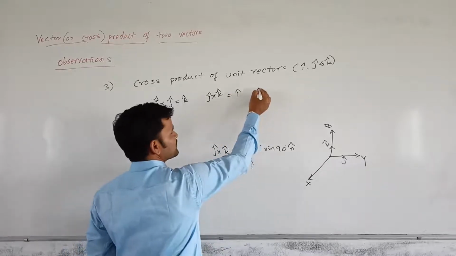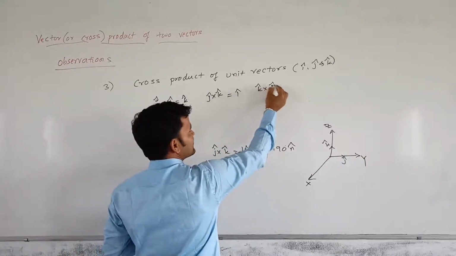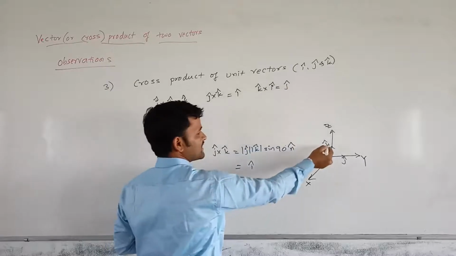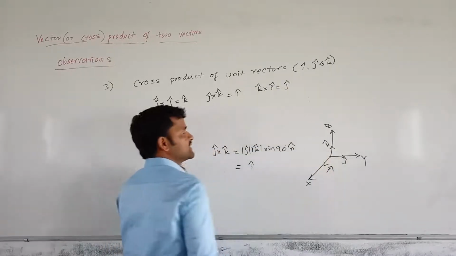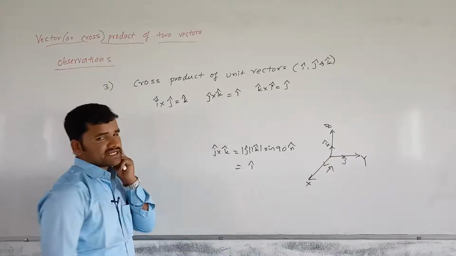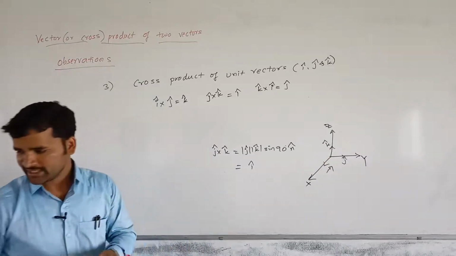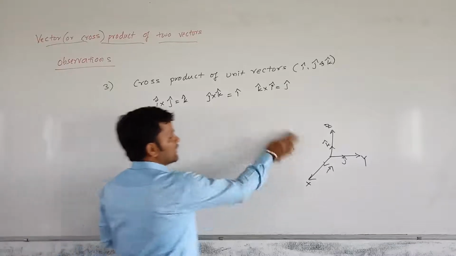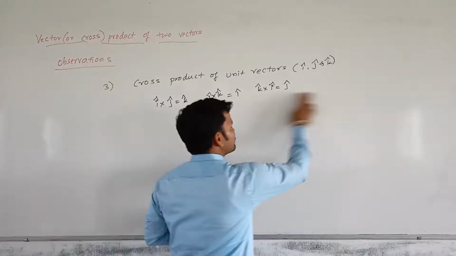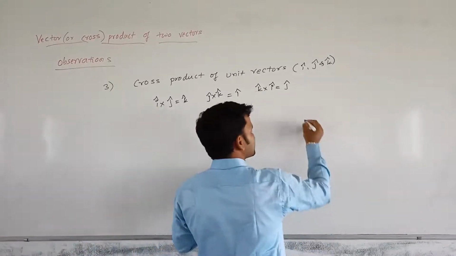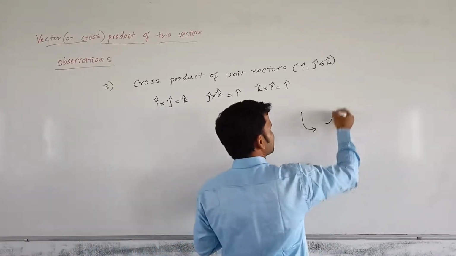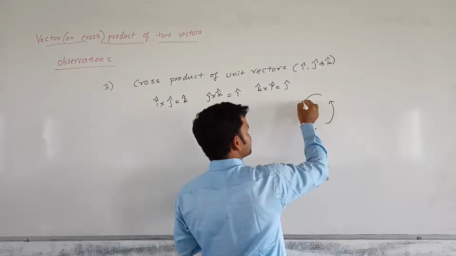And in the same way, what will be k cross i? k cross i will be j cap. How to remember it very easily? See, remember one circle rotating in the anti-clockwise direction.